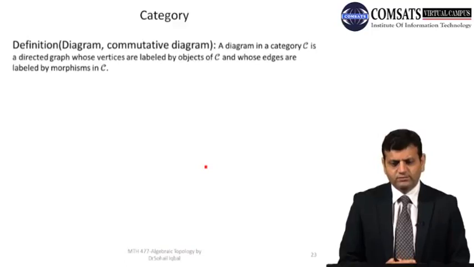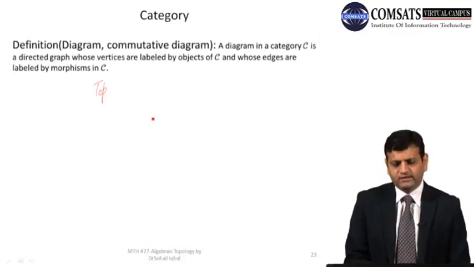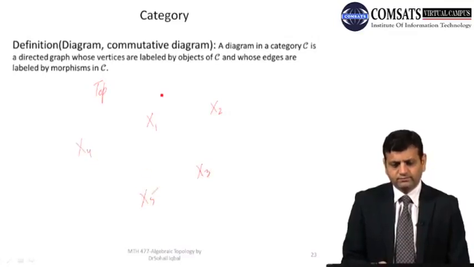What is a commutative diagram, and what is a diagram? A diagram in a category C is a directed graph whose vertices are labeled by the objects of C and whose edges are labeled by morphisms in C. For example, if we have the category Top of all topological spaces, then consider this graph with vertices x1, x2, x3, x4, x5, and the edges should be directed.